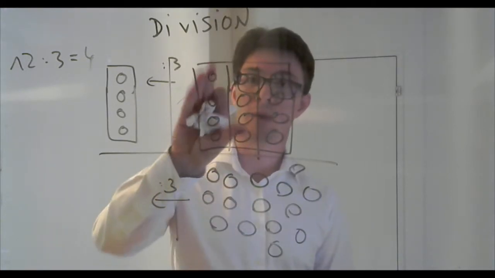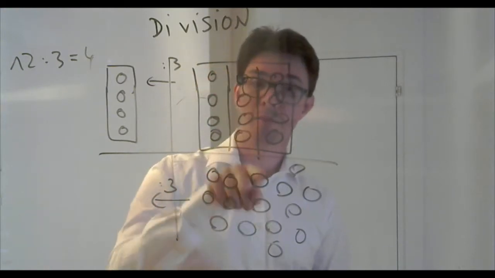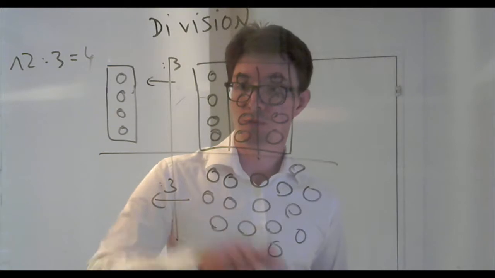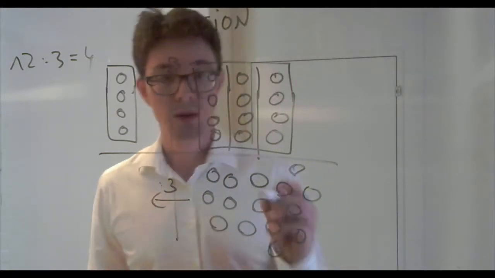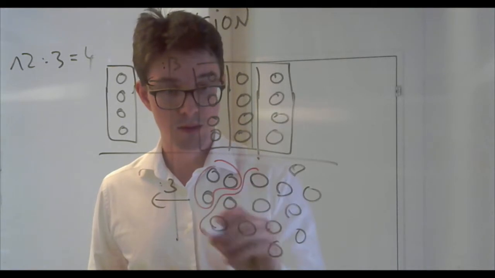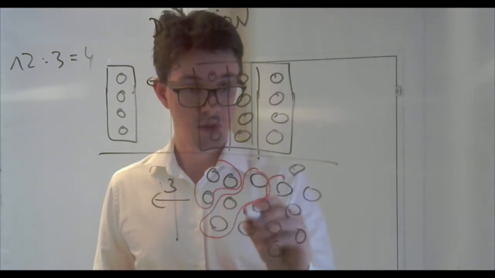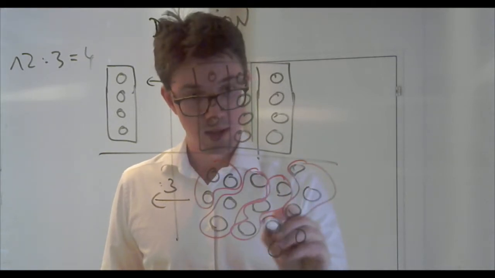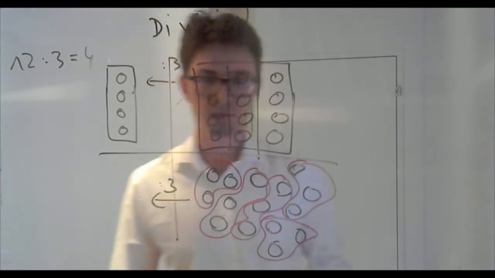We don't have an empty array and count the dots as we draw them, they are already drawn. Well, we try to find groups of 3 in here. So maybe here's a group of 3, and here's another one, and here's a third one, and here's a fourth one, and a fifth one.